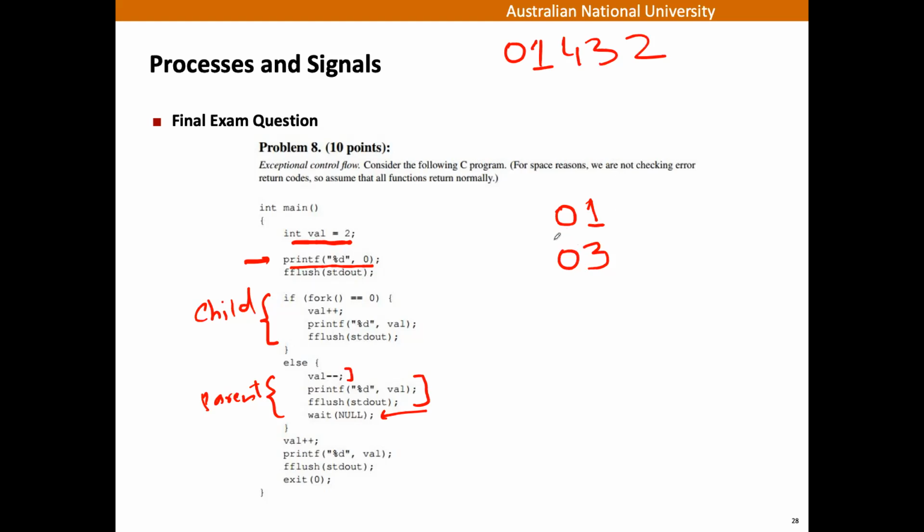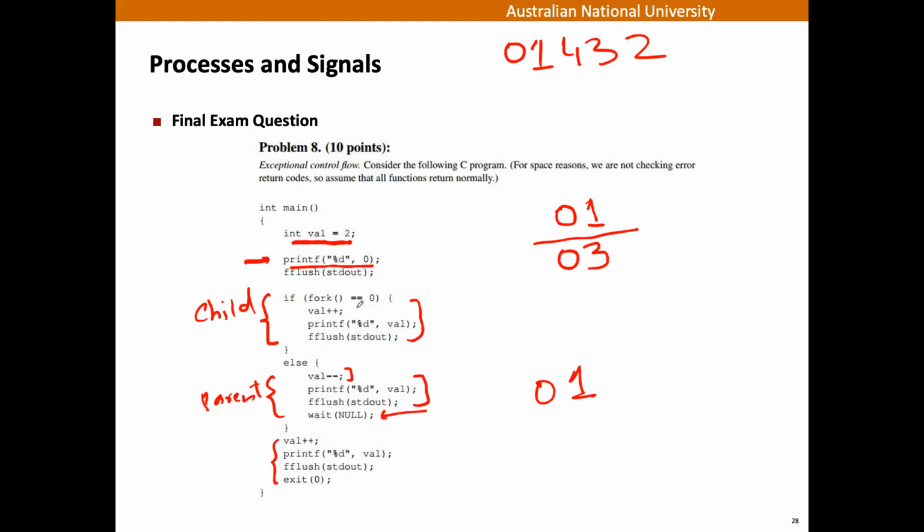Clearly, it's a case of the parent executing first. So let's keep executing the parent. The parent executes, and then it's going to wait. It's not going to execute all this, right? It's going to wait for the child. So let's go to the child. The parent did its part, 1, and it's waiting.